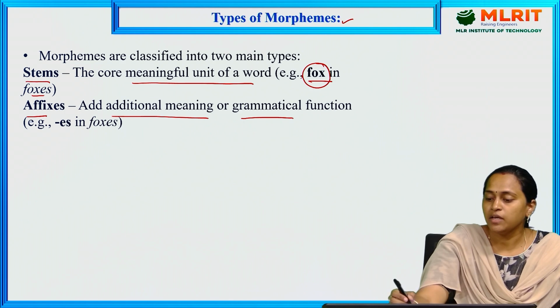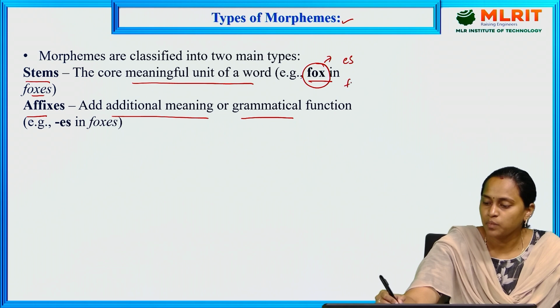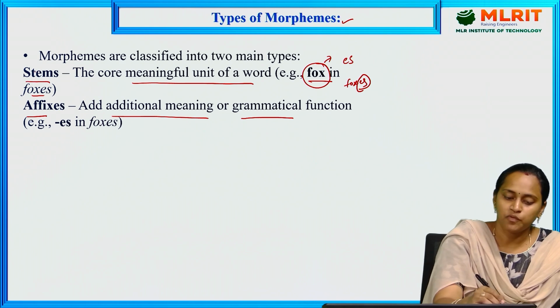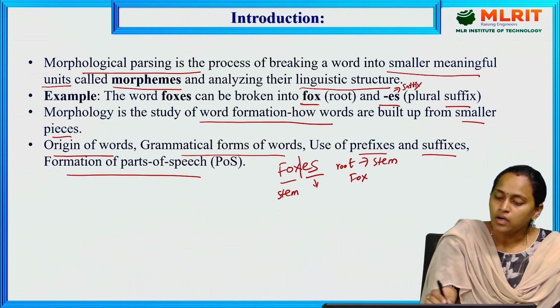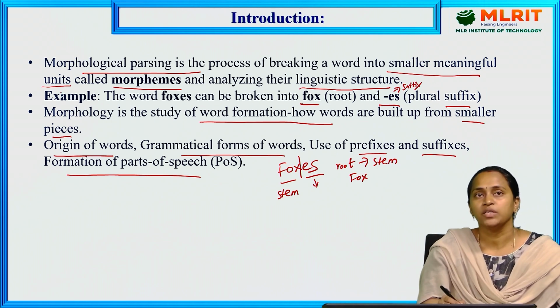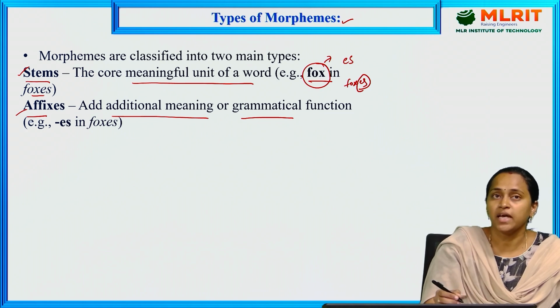Here we are adding a grammatical function to fox, that means es, which is plural. This is the suffix. A morpheme is a smaller meaningful unit. There are two types, stems and affixes.